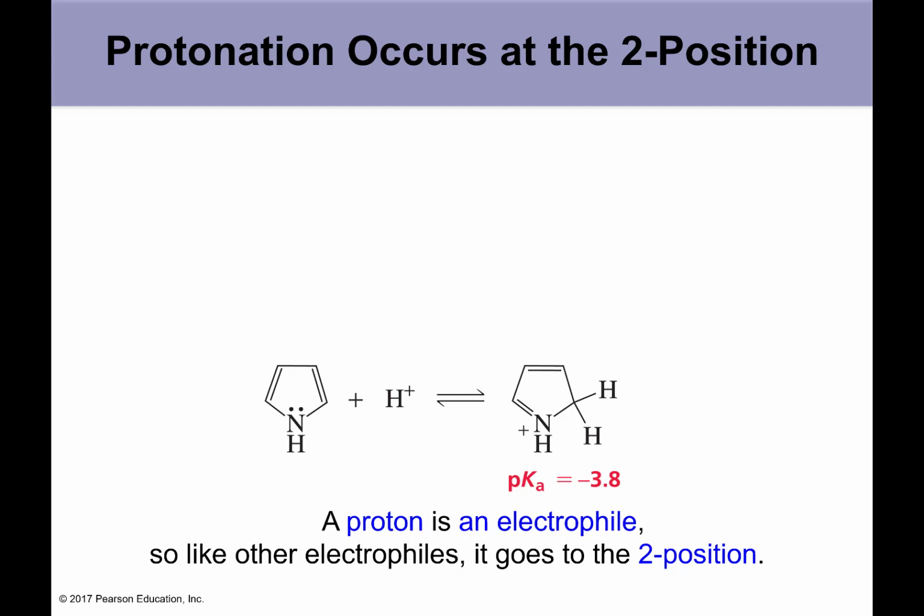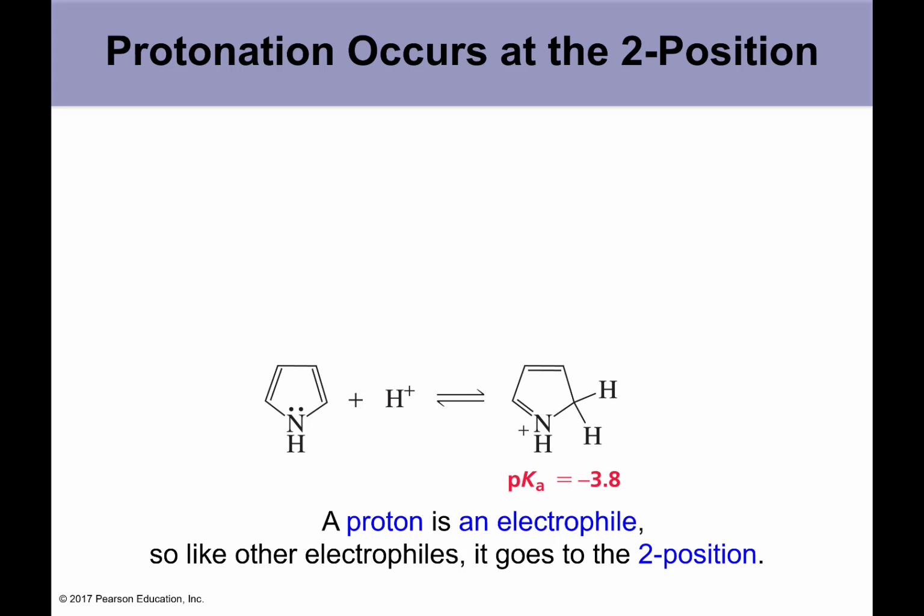When we look at Pyrrole and how it acts as a base, we see an interesting phenomenon. Rather than the nitrogen protonating, Pyrrole tends to protonate in the number 2 position on the ring. If the 2 position's occupied, then it might go to the 3 position.